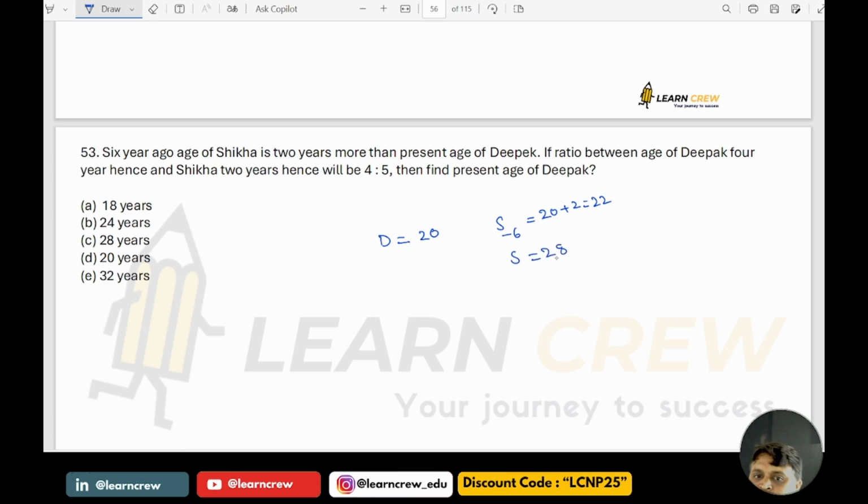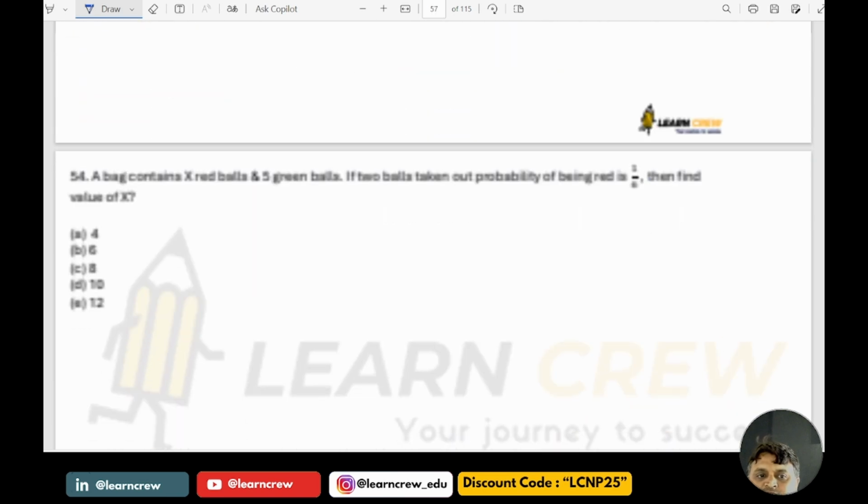And after 2 years it would be 30. And Deepak 4 years hence would be 24. 24 is to 30, 6 fours are 24, 6 fives are 30. So 4:5. The ratio is satisfied for option D, which is correct.